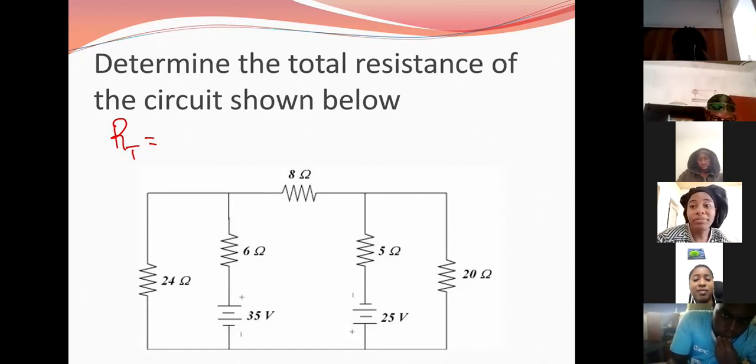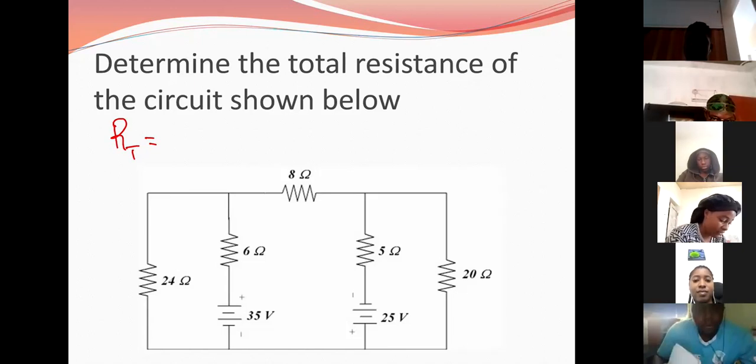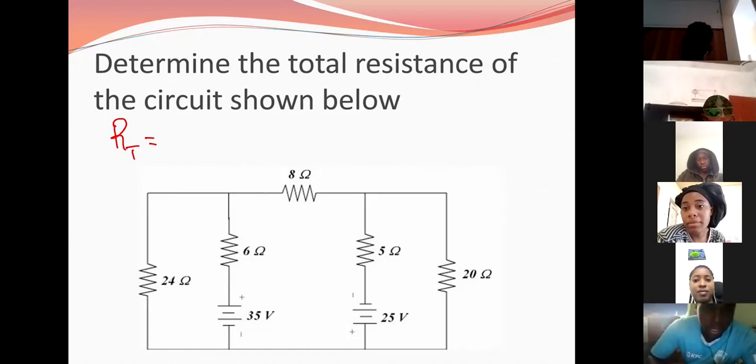Taylor, how do you find the total resistance? Sir, I would firstly put the 24 and say that is parallel to 6. Why would you say that?